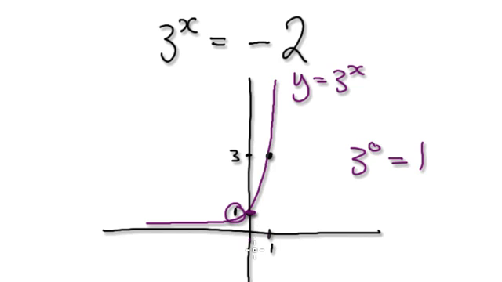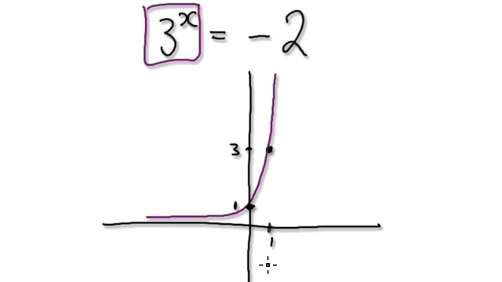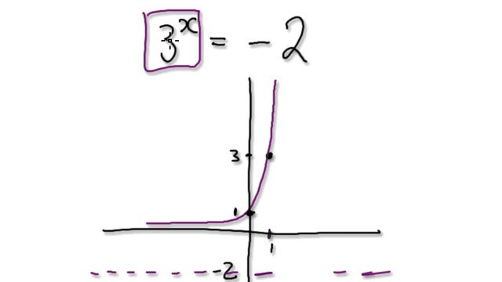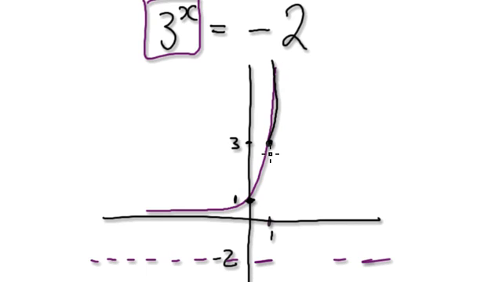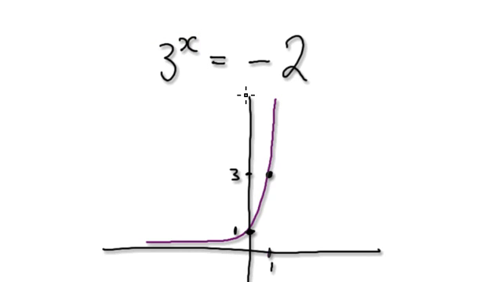When x equals 1 here, it will be 3 here. It will look like this. Now, looking at this graph, minus 2 will be somewhere down here. So there is no solution here, because the line would never cross over minus 2.